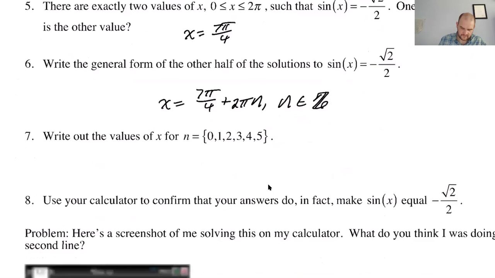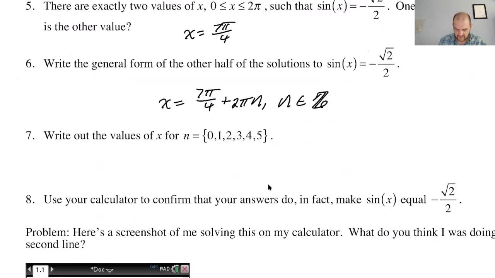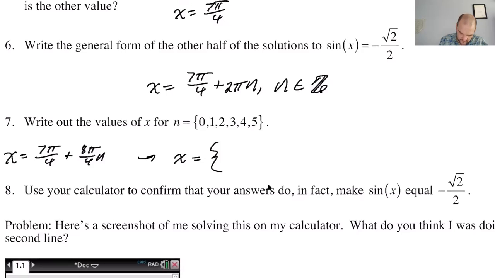All right, now we want to do the 0, 1, 2, 3, 4, 5 thing. So we really want to think of it as 7 pi over 4 plus 8 pi over 4 times n. So our solutions will be, I'm going to do the set right from the beginning. 0 gives me 7 pi over 4.